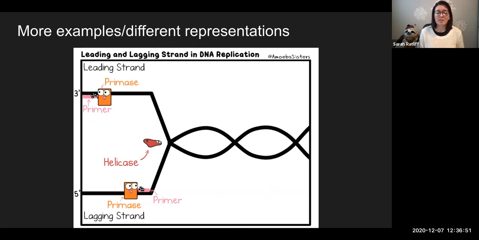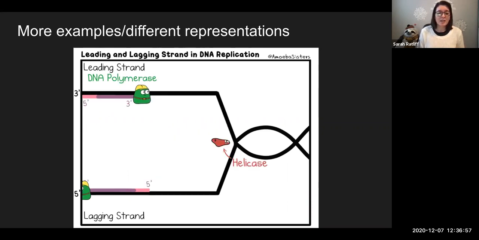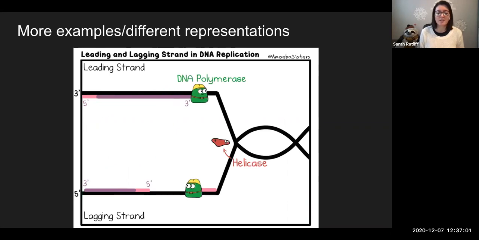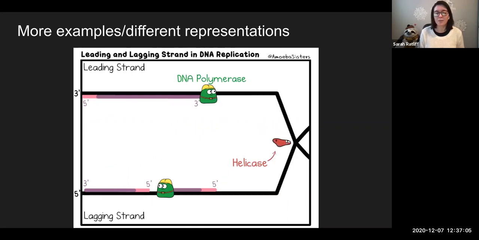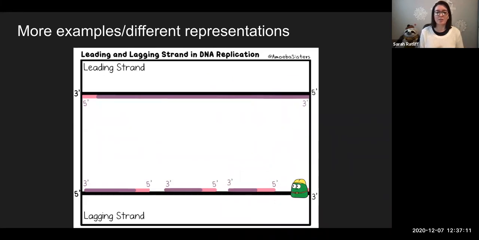Primase again tells our DNA polymerase where to start. And as it catches up, it has to leapfrog back to where the new stuff is as helicase is opening up this double helix for replication. These Okazaki fragments are glued together. It's not shown in this one, unfortunately, by ligase.